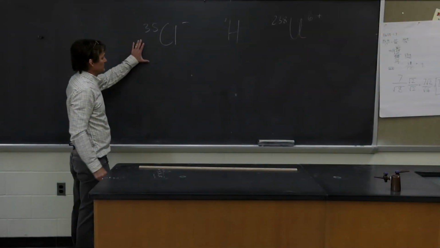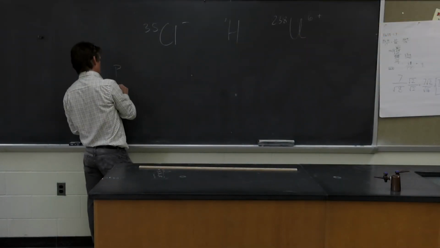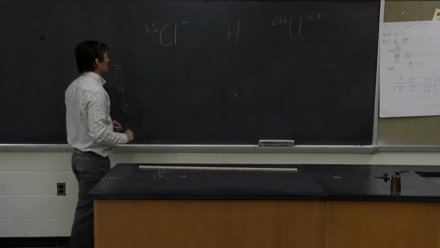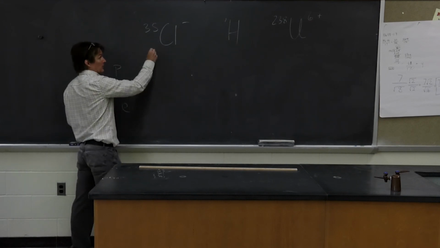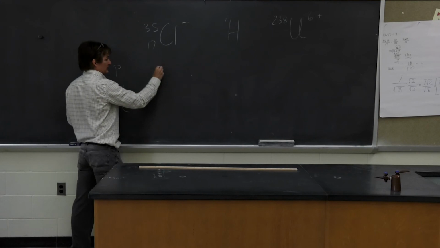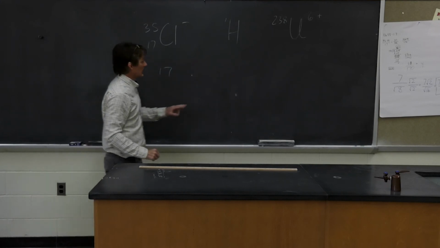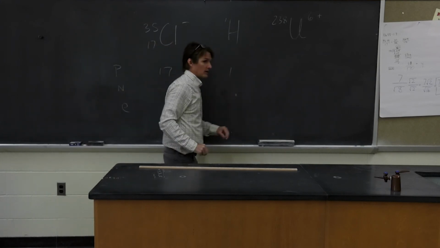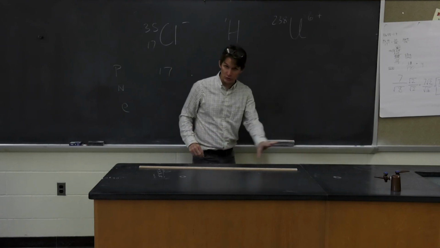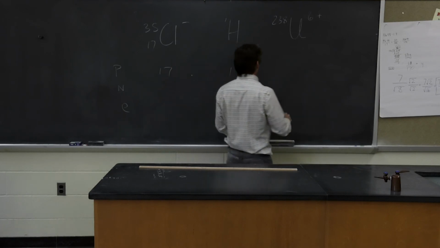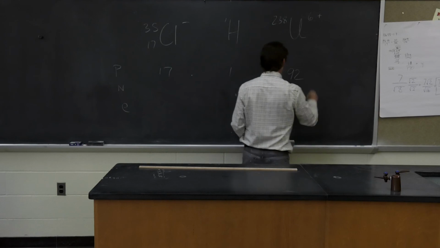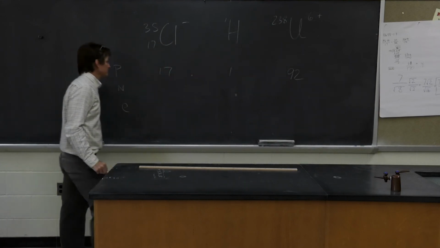All right, in this one, we'll do it like this. Protons, neutrons, electrons. We just look them up in a chart, right? Chlorine's got 17 protons. Hydrogen's got 1 proton. Uranium, you look down below, there's 2 lines below the main periodic table chart. You're going to have 92 protons for uranium.